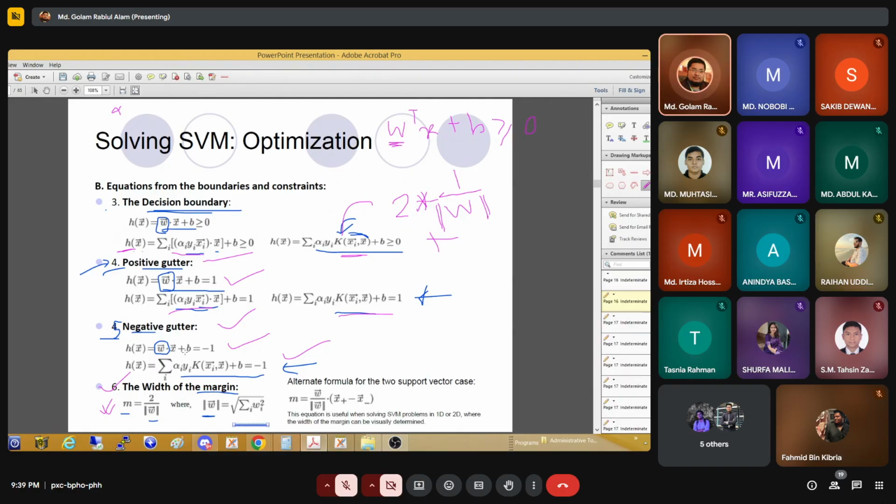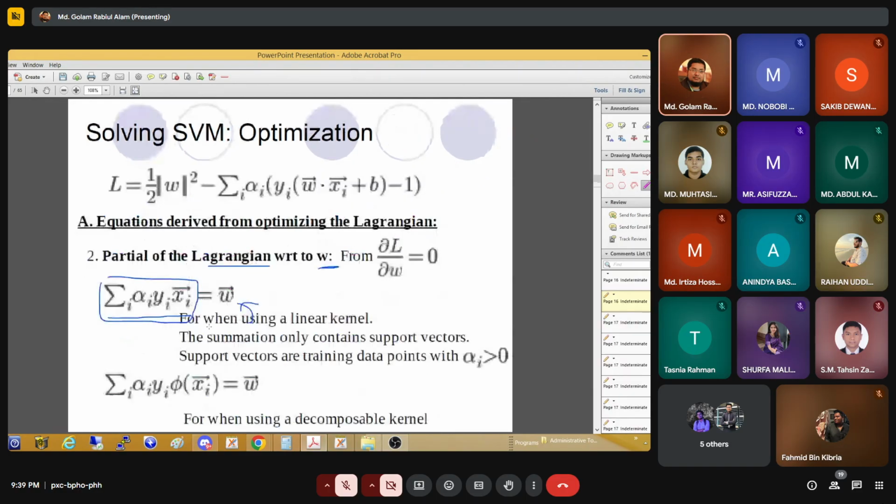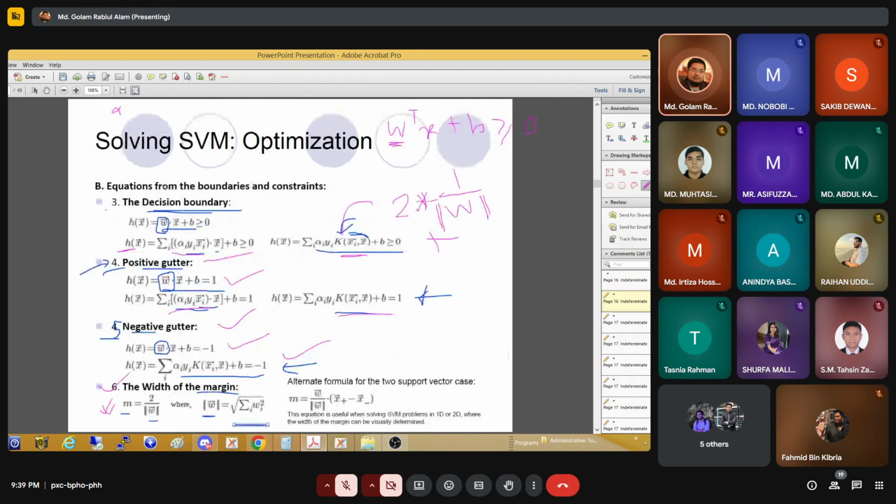So now we can see we have a total of 6 equations here. 2 equations directly from our Lagrangian equation, by taking the derivative with respect to b and w, and other equations. We can utilize those values to find the new form of those equations.